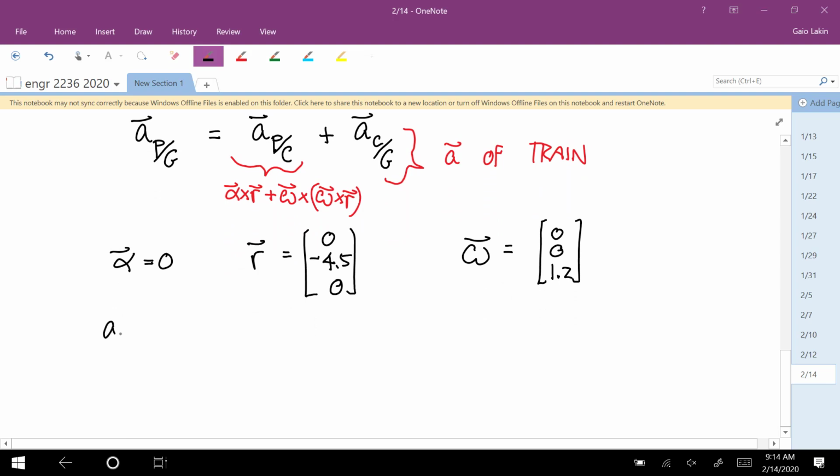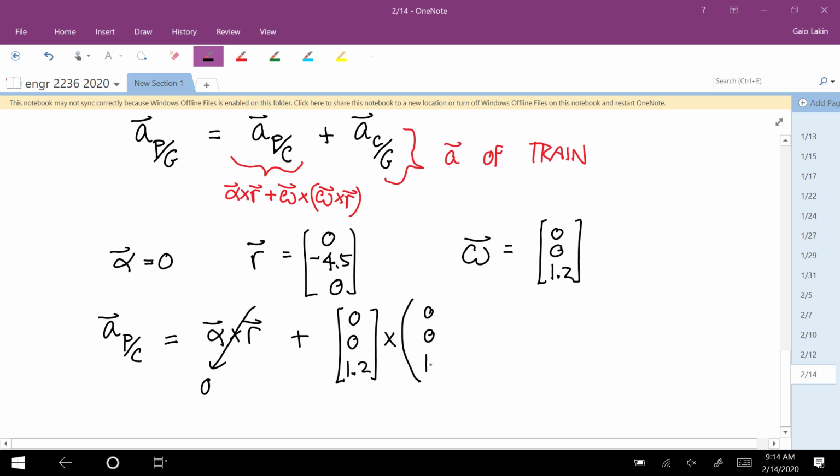So the acceleration of P relative to C is alpha cross r. This is the one that goes away. Plus (0, 0, 1.2) crossed with the quantity (0, 0, 1.2) crossed with that r vector (0, negative 4.5, 0).